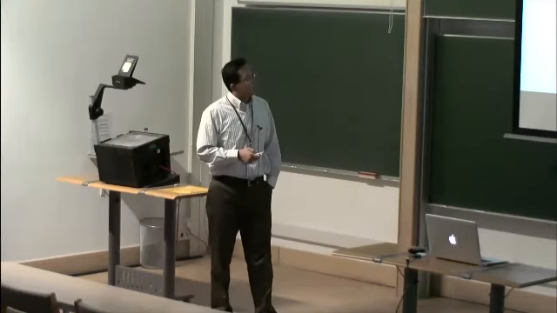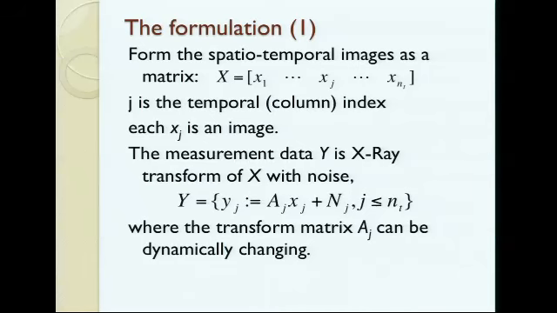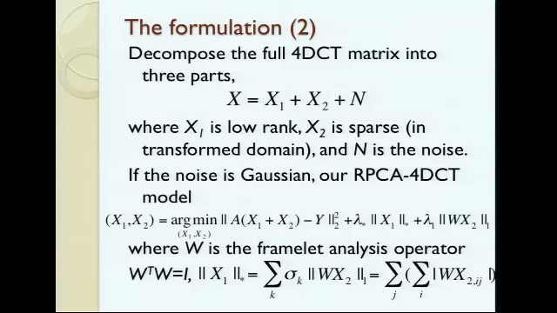So we want to decompose this one not in the measurement domain, but in the real physical domain, into this matrix decomposition. That's the point. My X is that big matrix, and I want to decompose it into, currently, just 3 parts.